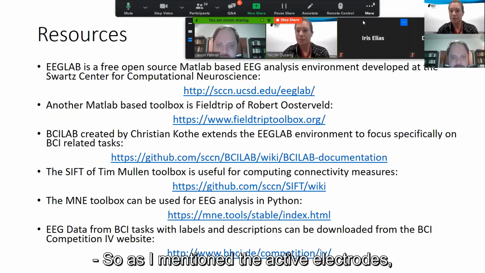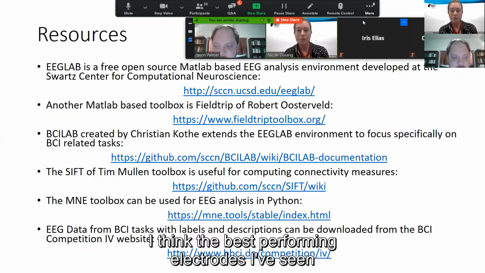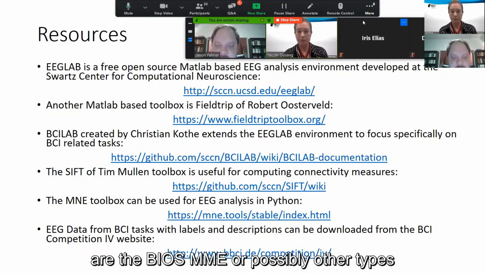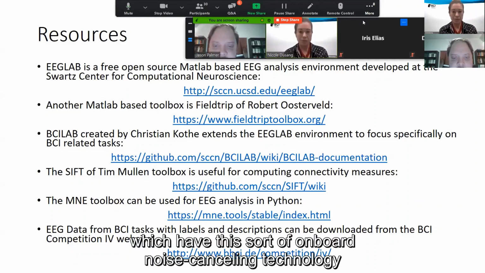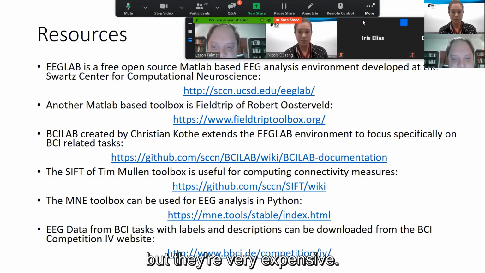So I mentioned the active electrodes. I think the best performing electrodes I've seen are the BioSemi or possibly other similar active electrodes, which have this onboard noise canceling technology, but they're very expensive.